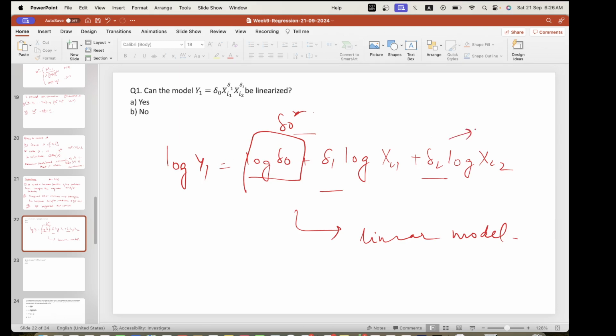This is actually transformed after log transform to a multiple linear regression. Therefore this can definitely be linearized, and that's the answer. Okay, moving on.